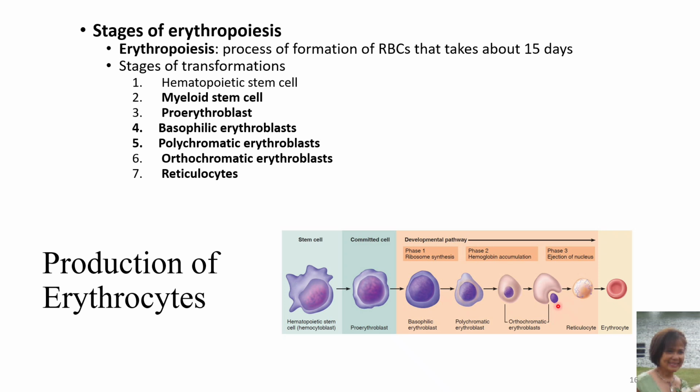The nucleus is not needed anymore because before it becomes an orthochromatic erythroblast, in its polychromatic stage, it is already producing lots of RNA in order to produce the protein that is very much needed by a red blood cell, and that is the protein hemoglobin. So this particular stage right here is where it is actively producing, with the help of its RNA, actively doing protein synthesis, producing hemoglobin.